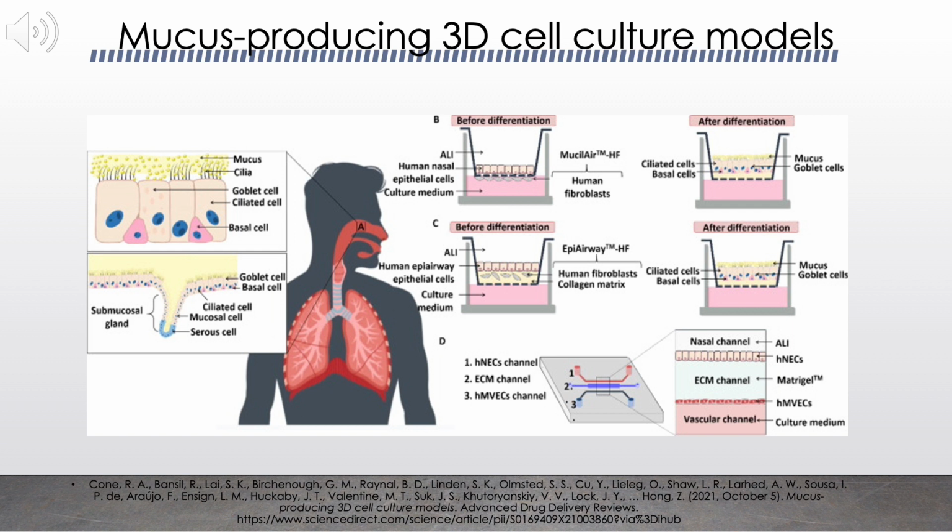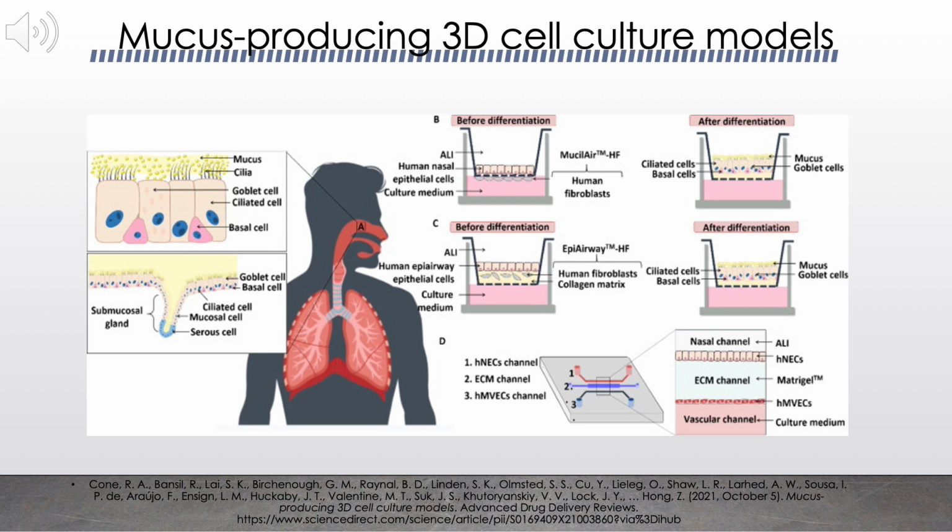This next figure is taken from a manuscript entitled Mucus-Producing 3D Cell Culture Models. This manuscript basically talks about 3D models that contain mucus-producing cells, simply because they play a vital role in drug absorption. This figure represents the upper respiratory tract mucosa in different 3D cell-based models. A is the representation of the human nasal mucosa, which contains mucus-producing goblet cells, ciliated cells, basal cells, cilia, mucus, and submucosal glands.